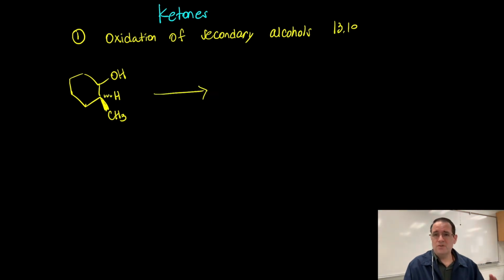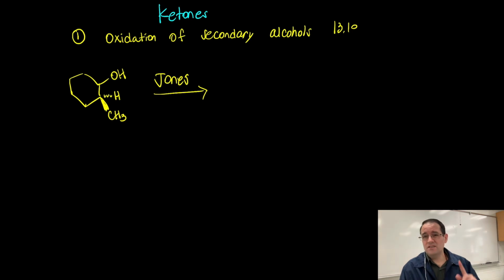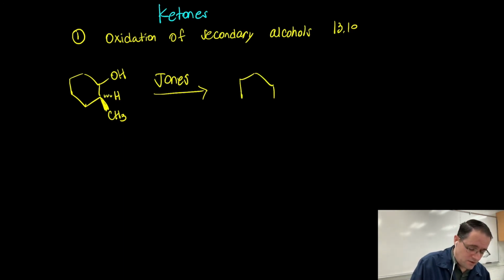And what we want to use is the Jones reagent, okay? You can look up the specific reagents. It's sodium dichromate, sulfuric acid, H2O, but oftentimes just writing Jones is good enough. That's a Jones oxidation.